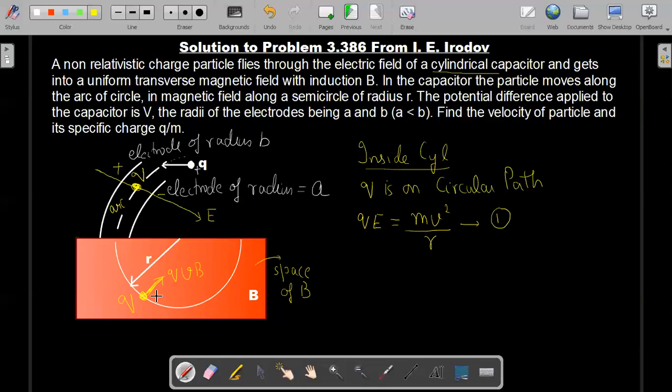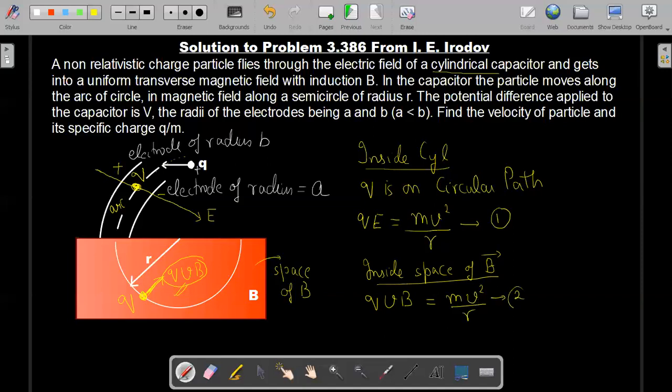So QVB is the magnetic force inside the magnetic field. Now inside the space of that B vector, the centripetal force will be provided by QVB, the force of the magnetic field on that charged particle. And now it should be mv square over r.